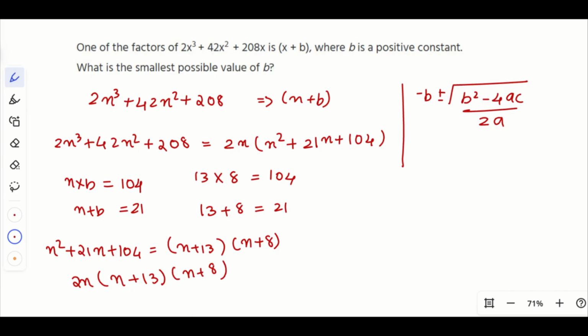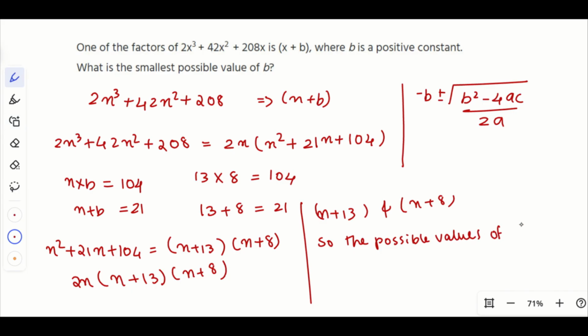The factors of the form x plus b are x plus 13 and x plus 8. So what are the possible values of b? The possible values of b are 13 and 8.